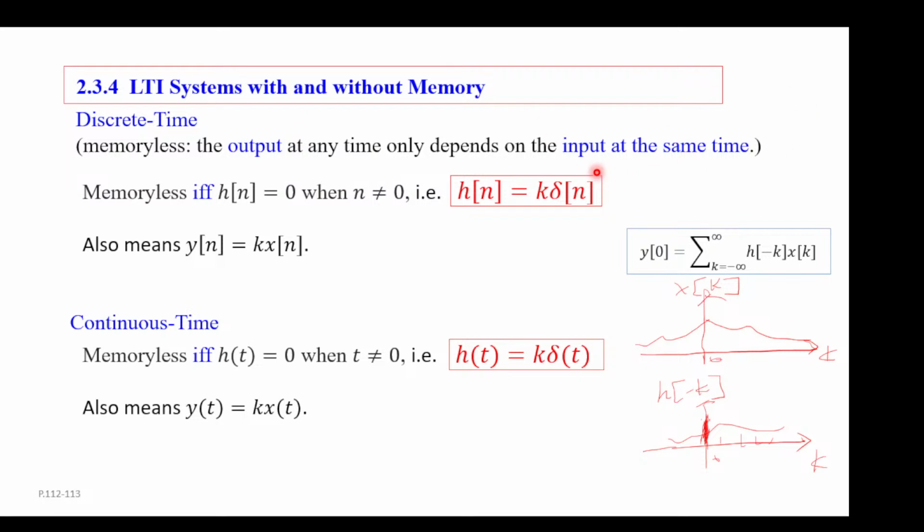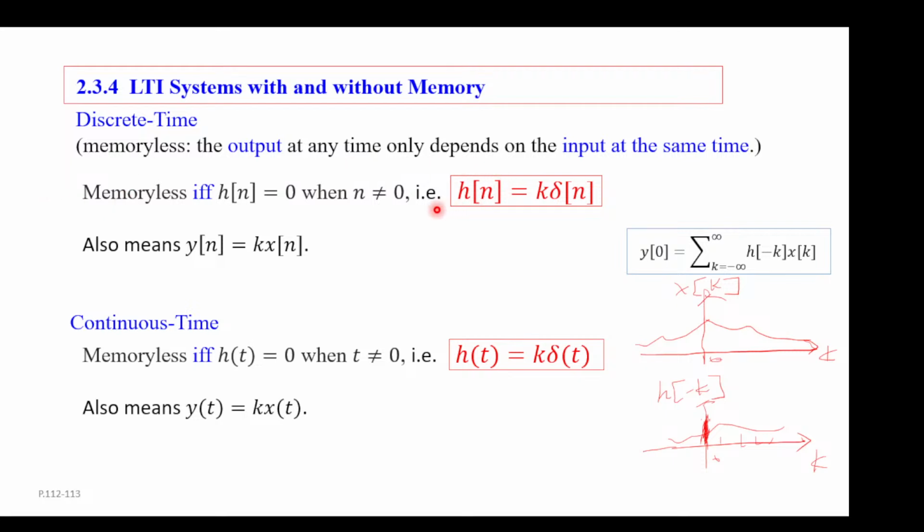Okay, so the output at any time only depends on the input at the same time, and you can derive that the system is memoryless if and only if the system function is 0 when n is not equal to 0.